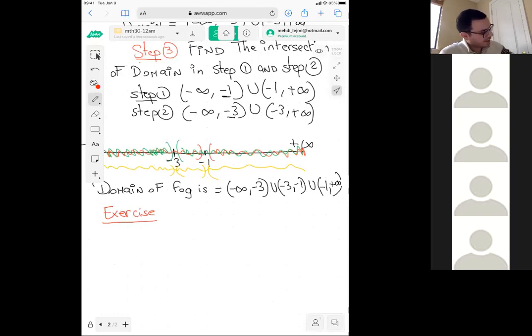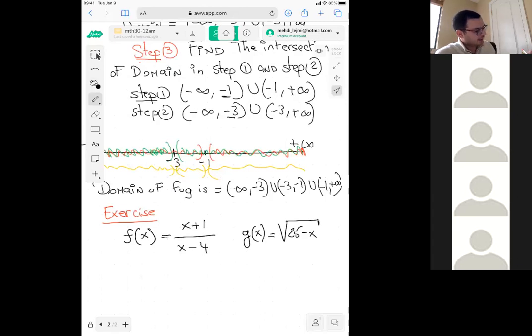Let's say f of x is (x plus 1) over (x minus 4), and g of x is the square root of 25 minus x, and then minus 1. The minus 1 is outside the square root.